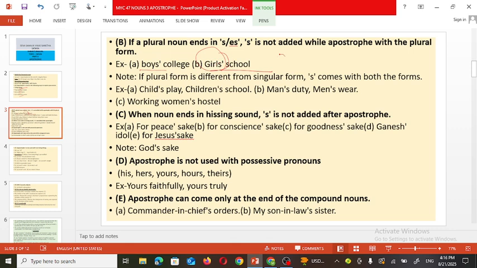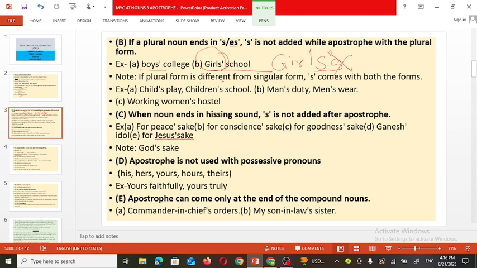Sometimes people write it differently, but girls already ends with s, so there is no need to use apostrophe s again; only the apostrophe sign is used. Boys' college: here also boys is a plural noun, so again there is no need to write s.